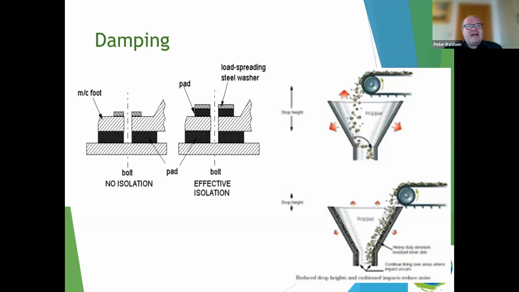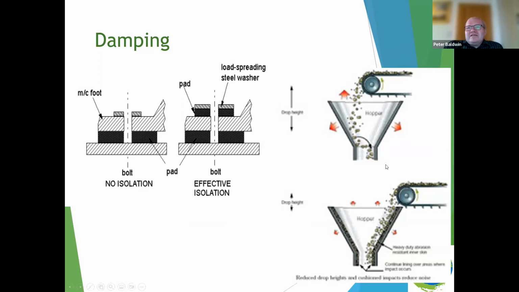Any vibration, and therefore noise, that machine makes gets directly transmitted into the building fabric, which then acts as a sound source. One thing you can do to stop that is to put some dampening on there. As you can see, a steel washer with some rubber on it just isolates it from the building, and it stops that transmission.